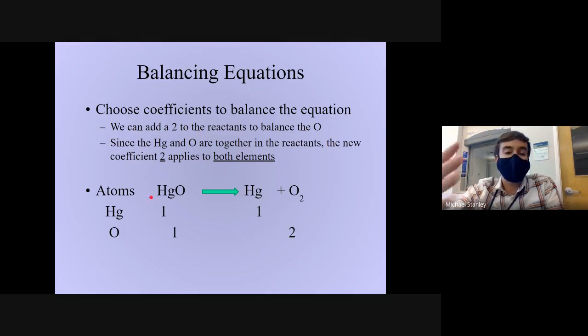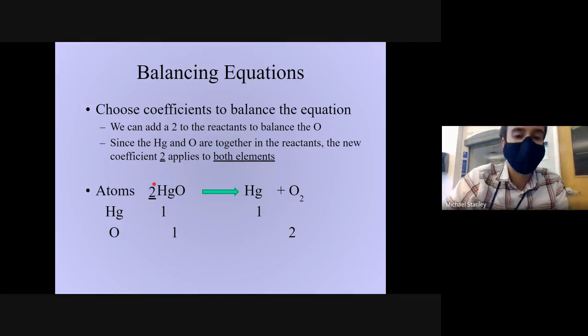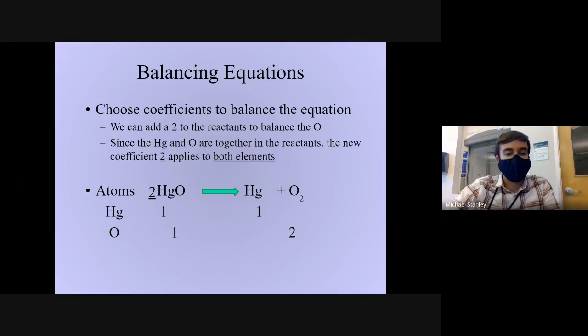Well, like I was saying earlier, we can mess around with the coefficient. Right now, HgO does not have any coefficient in front of it, so we only have 1 of each atom. So instead of leaving this a blank spot, we can put a 2 in here. The nice thing about this is that now we have two O's, which is what we were looking for.